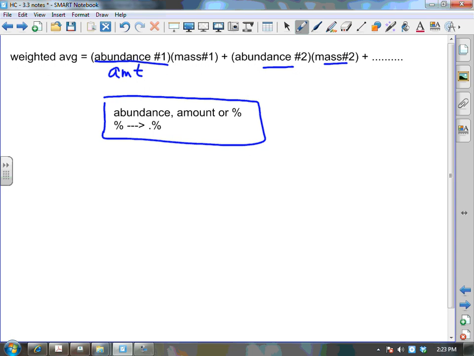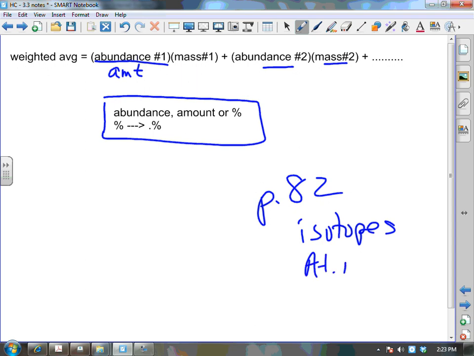On page 82, which we will talk about in class, there's a chart of several different isotopes, their atomic mass, and their average atomic mass. You can see through those calculations how we get those true averages, because that number, the average atomic mass, is what gets put on the periodic table.